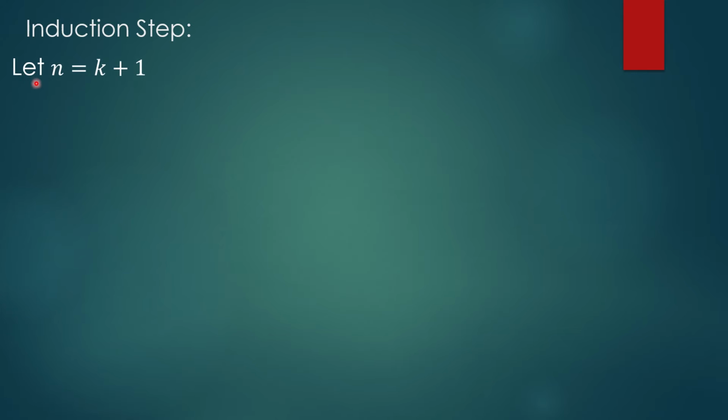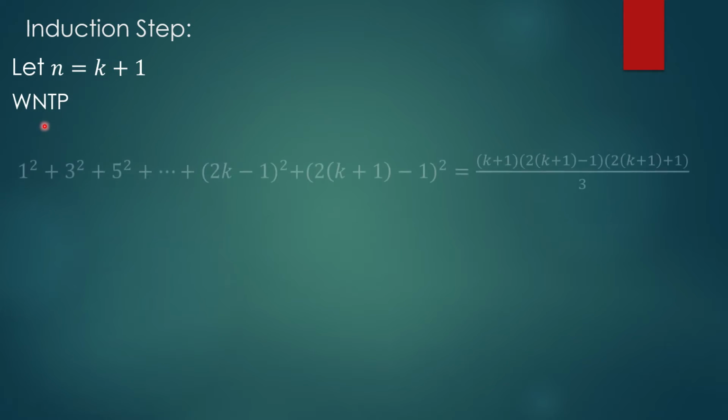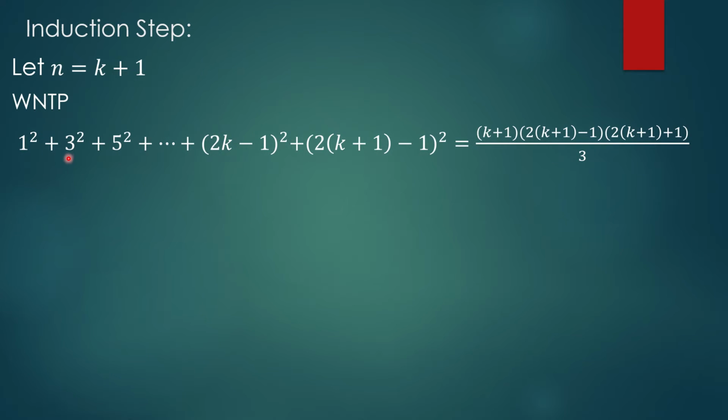Next, let n be equal to k plus 1. So we need to prove that 1 squared plus 3 squared plus 5 squared plus ellipsis plus the quantity of 2k minus 1 squared plus the quantity of 2 times k plus 1 minus 1 squared.